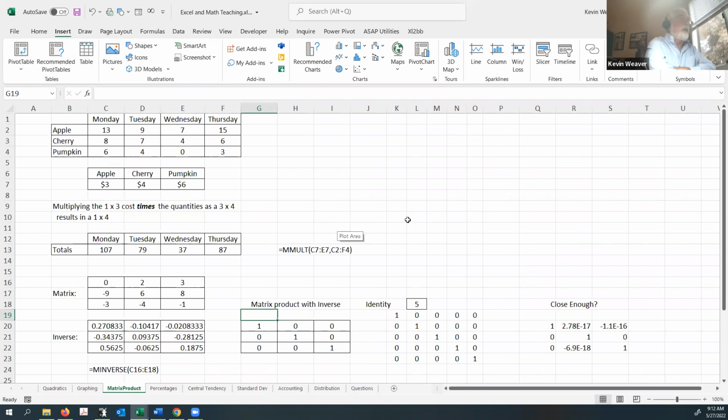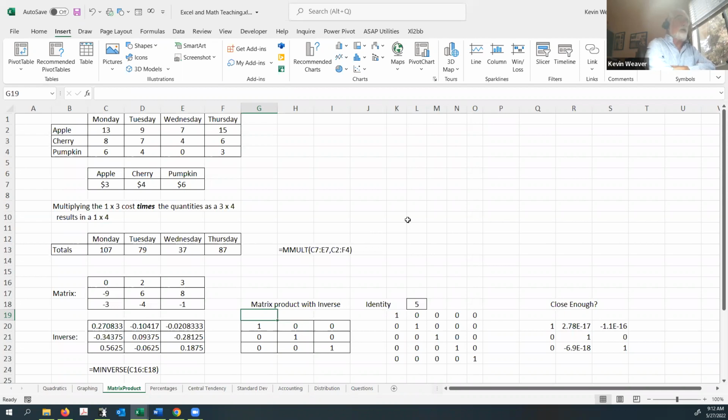But matrix product tends to be an issue because there's a lot going on. There's a product, and then there's a summation. So the nice thing about this is that Excel has a feature called matrix multiplication.